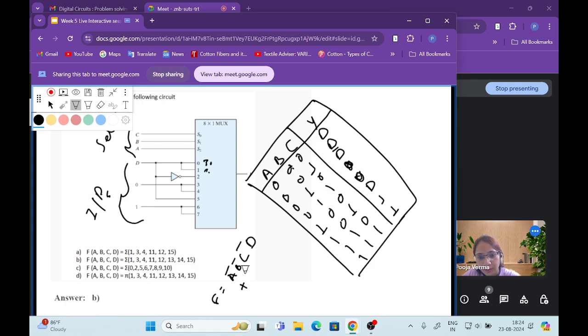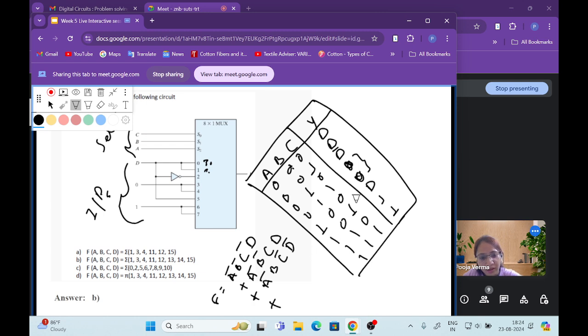Then plus A dash, B dash, C, D. Again plus A dash, B, C dash, D dash, right? And now it is 0, so all those functions will be 0, so I am not writing them.